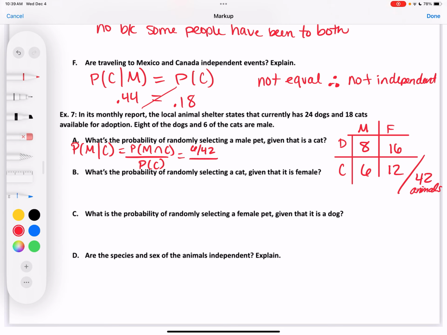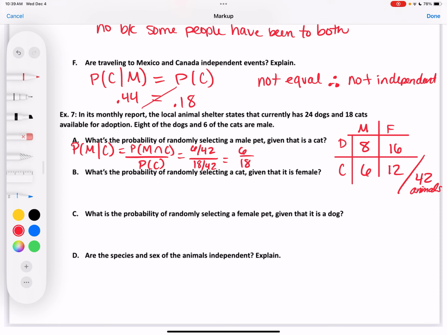So that's going to end up giving me 6 over 18, because keep, change, flip with the fractions. So 1 over 3, or 0.3 repeating, for that probability.